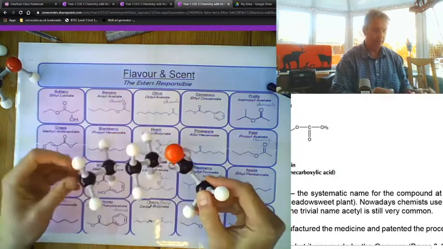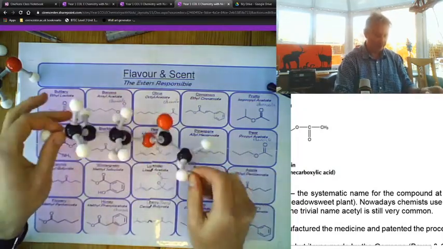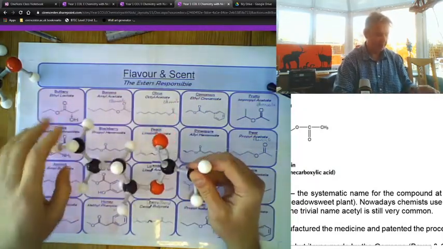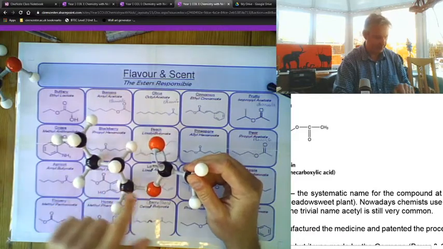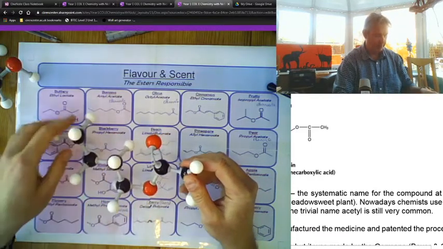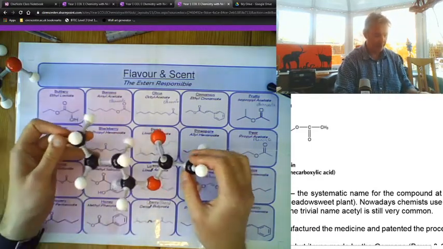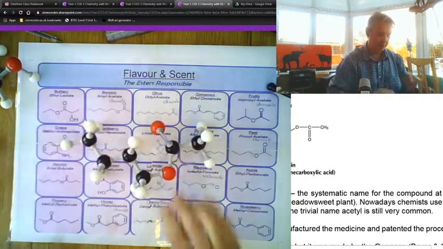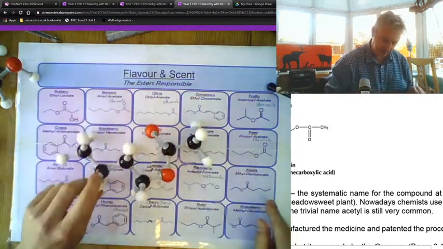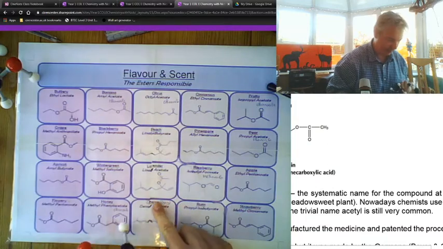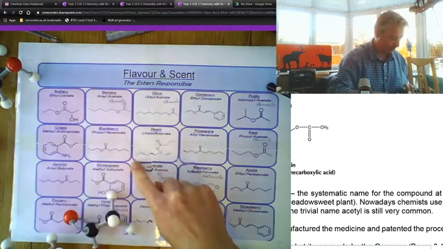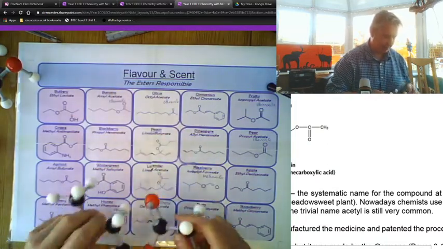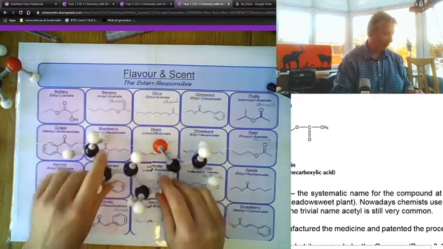Right, so now I've still got an ester, but it's a different ester, because this time I've got this, which has come from my butanol. So this would be called butyl ethanoate. I don't think we have butyl ethanoate here, but there's butyl ethanoate.